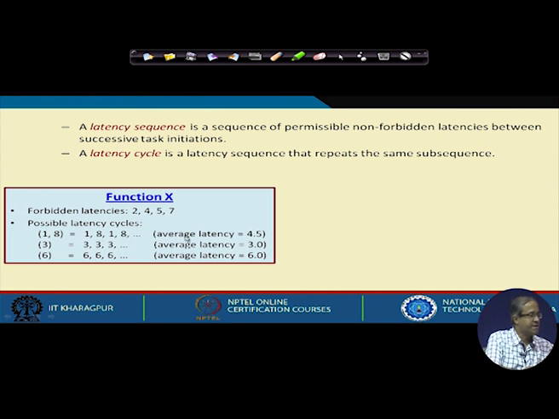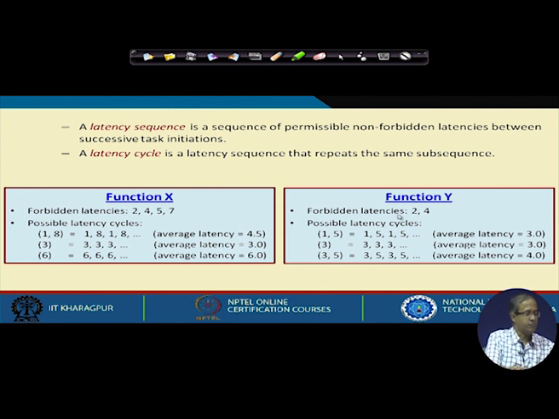This will result in an average latency of 4.5, because 1 plus 8 is 9, divided by 2. If it is 3 3 3, average latency is 3, because 3 is a non-forbidden latency and multiples of 3, like 6 and 9, are also not forbidden. Similarly, 6 is also a feasible latency cycle, 6 6 6, average of 6. So, in this case the minimum latency results for the second case.